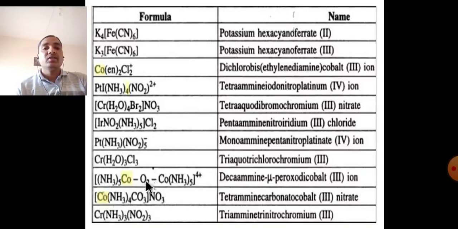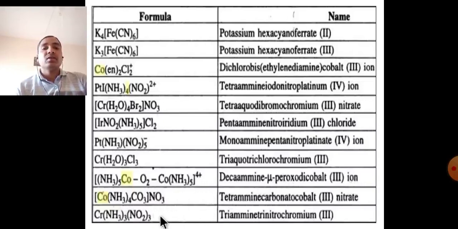First, alphabetically, 10 ammine ligands, so decaammine, the bridging ligand mu-peroxo, and 2 central metal atoms, dicobalt(III) ion.